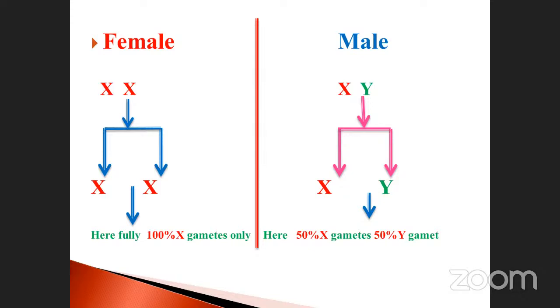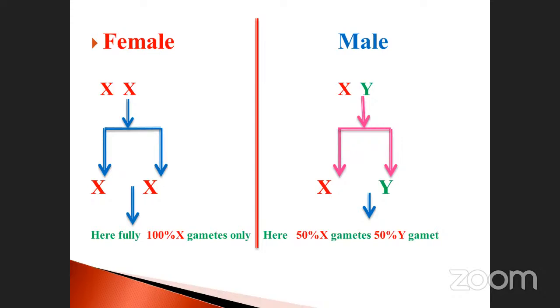It's a sex determination that occurs here. So another X chromosome of the female joins with the Y chromosome. What will be the nature? It is denoted as XY. It indicates the determination. Which one? The male. Here, see here, the female gametes are fully 100% X only. The female consists of XX, 100% homozygous.